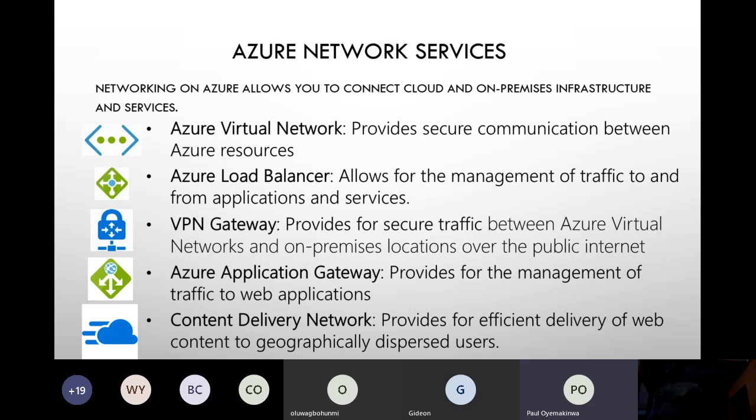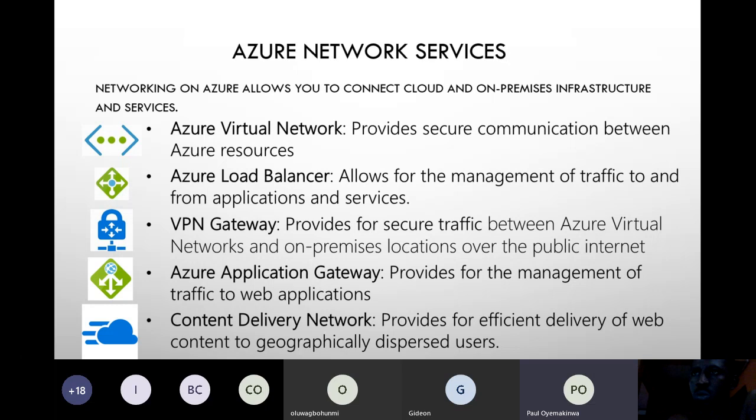So let's say I have my router inside my local office in Ikeja, for instance, and my router is on the 192.168.5.0 network. I want to create a VM in Azure, and I want my on-prem machines to access those VMs without going through the public internet directly.